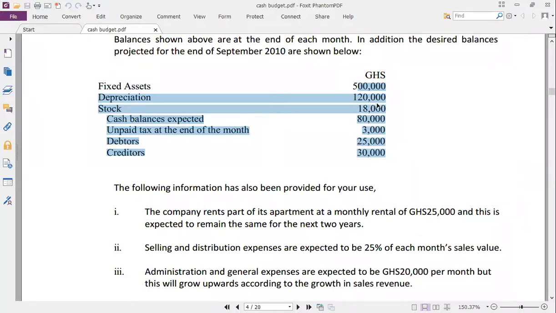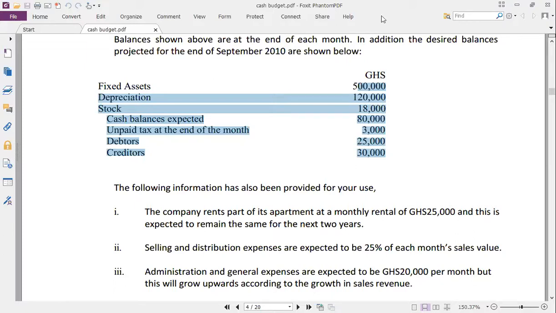That will give us 380,000, and that's the fixed asset. 380,000 plus the 18, that's the inventory, plus cash balance of 80,000, then plus debtors of 25. So the total asset is 503, less the liability. So 30, less the 3. So that's 470. That's the capital, 470.